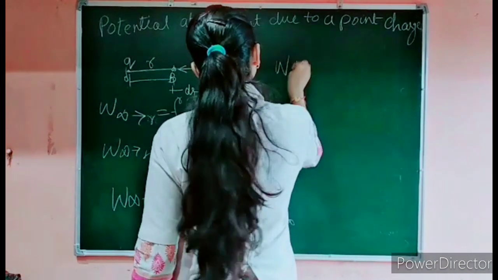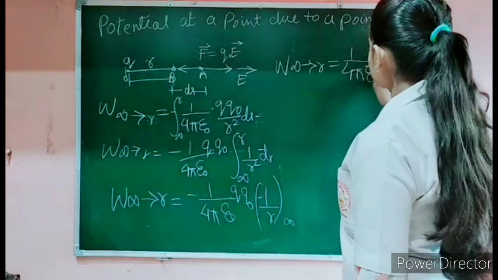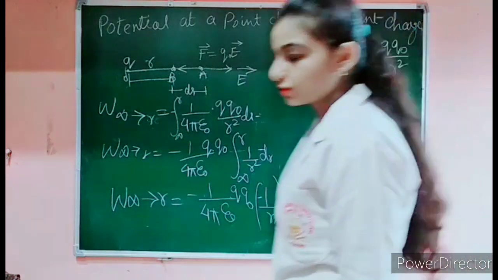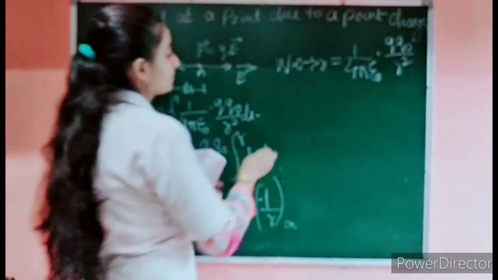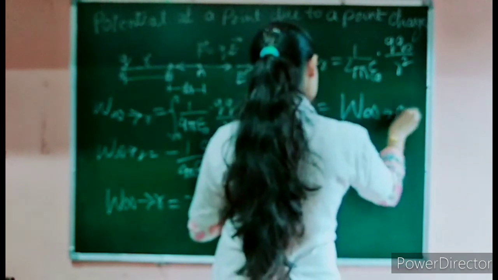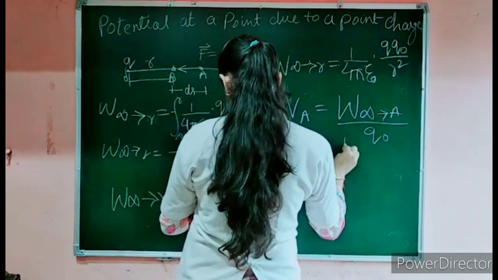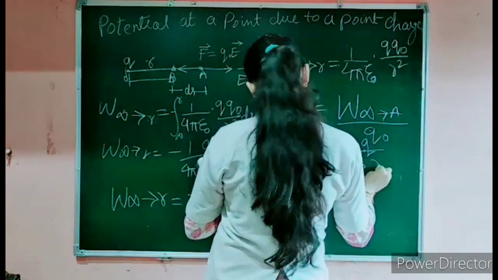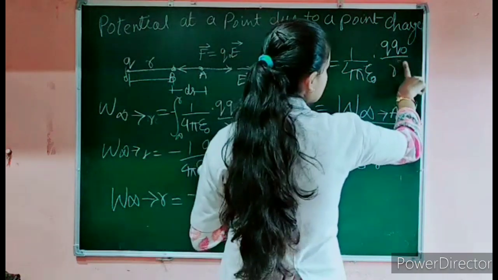Work done from infinity to r will be equal to 1 upon 4 pi epsilon 0 into Q q0 upon r. Now the potential at A will be VA, equal to work done in bringing a charge from infinity to A upon q0, then VA is equal to 1 upon 4 pi epsilon 0 into Q upon r. This is our r.